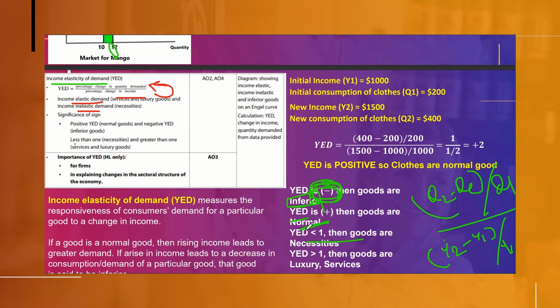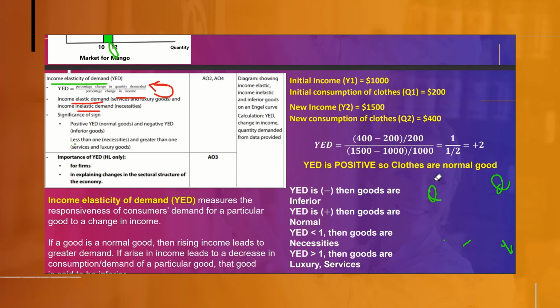And if the value is positive, then that is said to be a normal good, which means as income increases, demand for that good also increases.